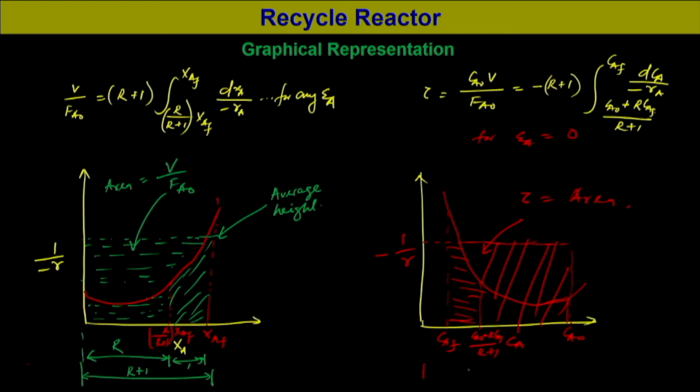So, from this point to this point is R plus 1, and this part is R, this part is 1, and this part is R. So, this is for the special case when epsilon A is equal to 0, and this is the general representation of the recycle reactor performance equation graphically.